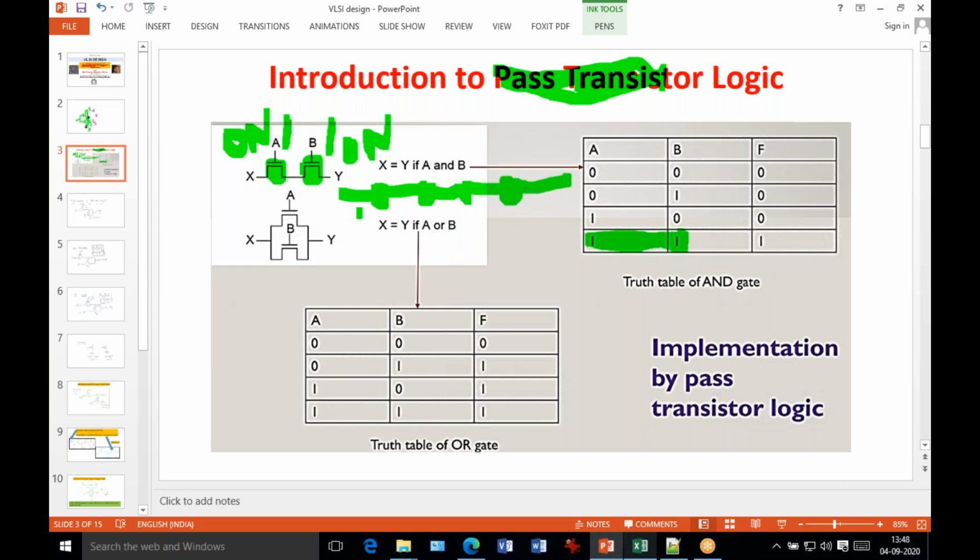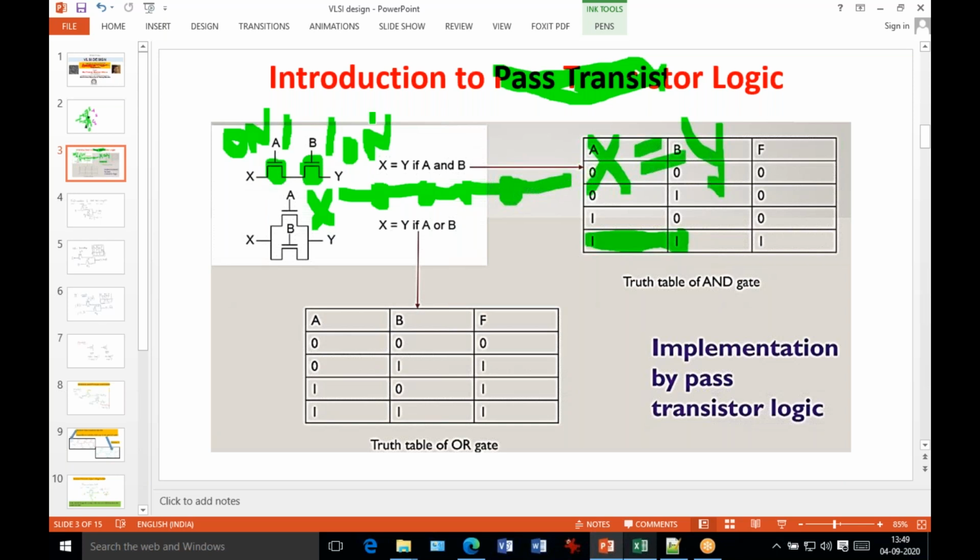What is the signal on the input side? If the signal is X, your output is also X, the same output. If the input X is 0, your output is 0. But if X is 1, this Y output is also 1, because this is like a wire.